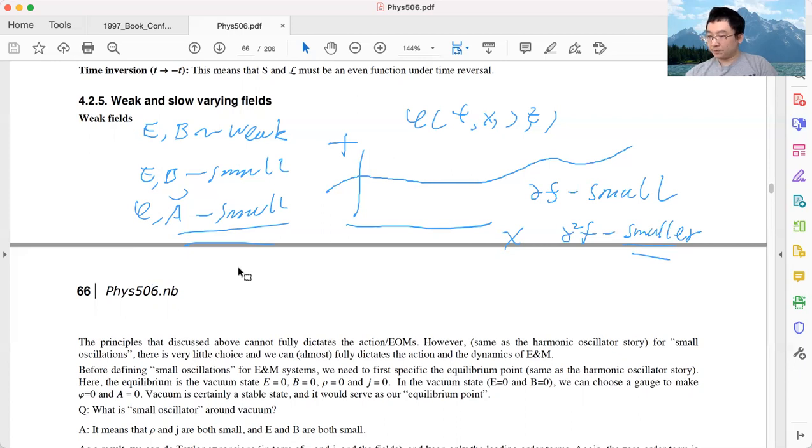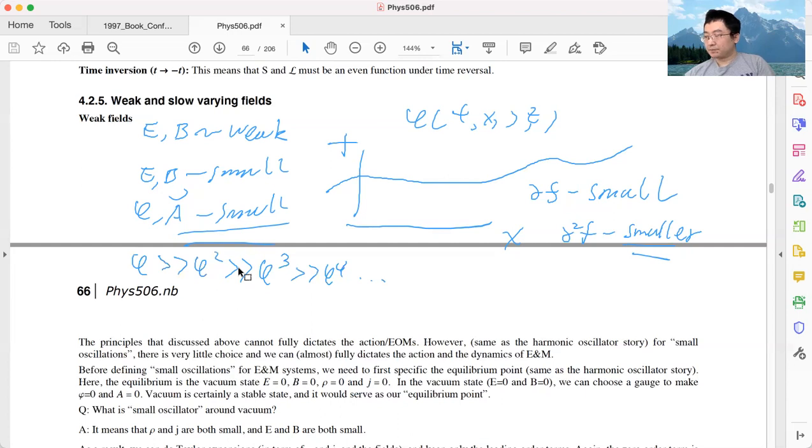If phi is small, then it immediately means that phi squared is even smaller, and phi to the third is even smaller, and phi to the fourth is even smaller. In other words, we can do a Taylor expansion and only keep the leading order term. Leading order term means low power of phi or A, as low as possible. That's a weak field.